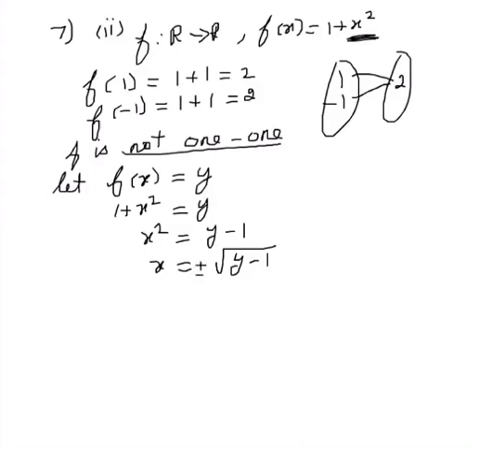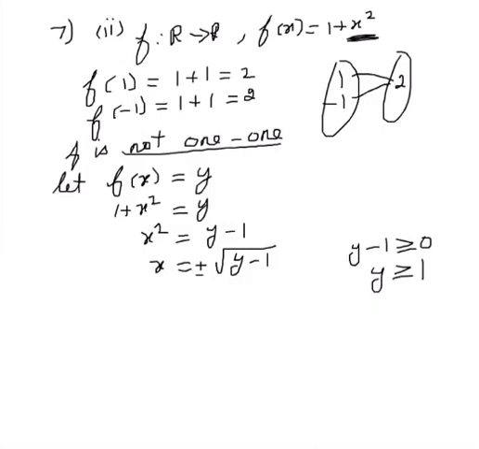We can have plus or minus sign also, but we cannot have negative values under the square root. So y minus 1 should be greater than or equal to 0. So y should be greater than or equal to 1. So only for values greater than or equal to 1, we have pre-images. For other values, we don't have pre-images.